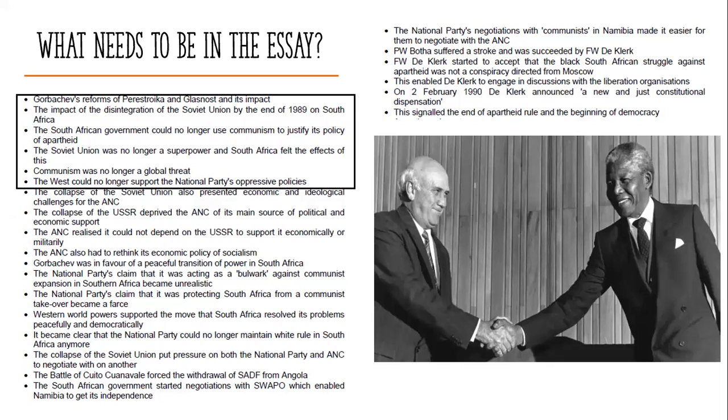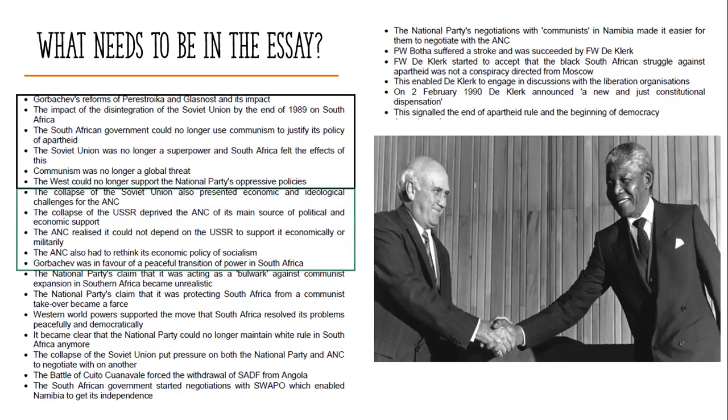So with the end of communism in Europe, it basically leads to the end of communism in the world. It's not a viable system, which means that the ANC is not a threat anymore, which means that a lot of countries that were supporting the apartheid government kind of withdraw their support.